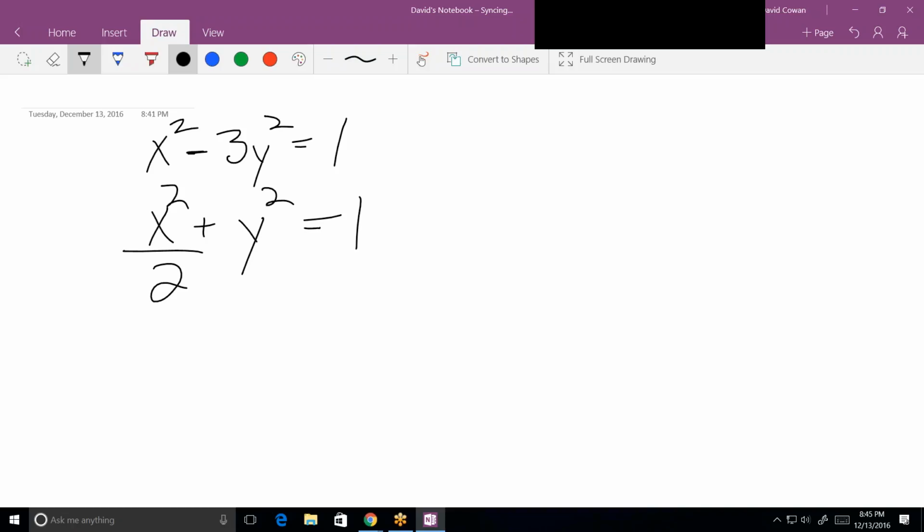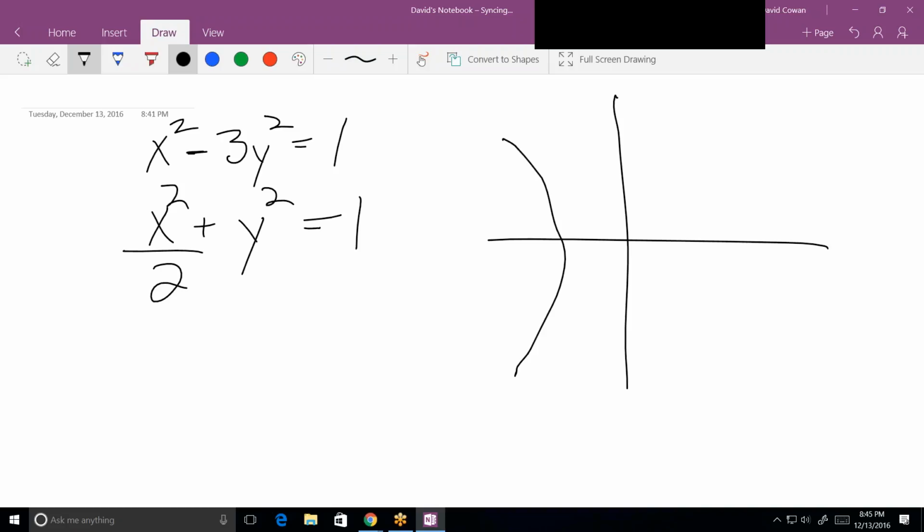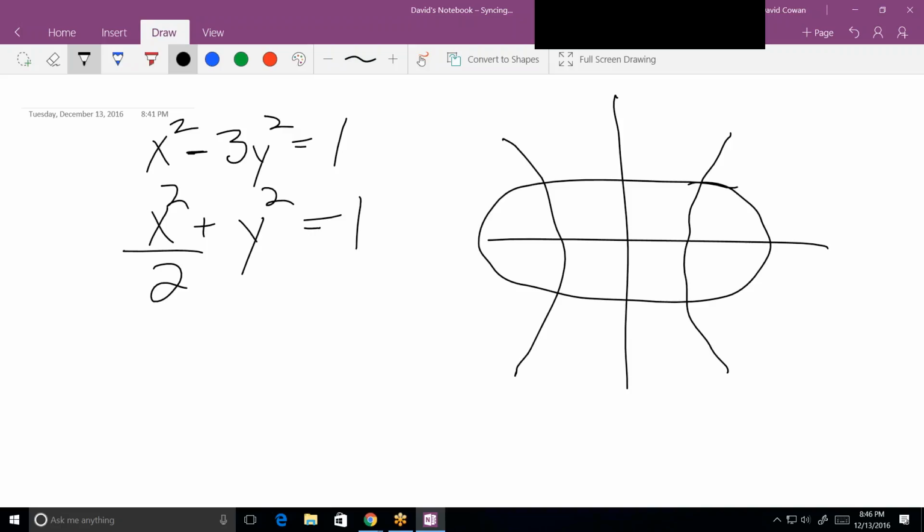Let's talk about solving it graphically first. The top one's a hyperbola. It's a horizontal hyperbola. Might look something like this. The bottom one is an ellipse. A horizontal ellipse might look something like that.